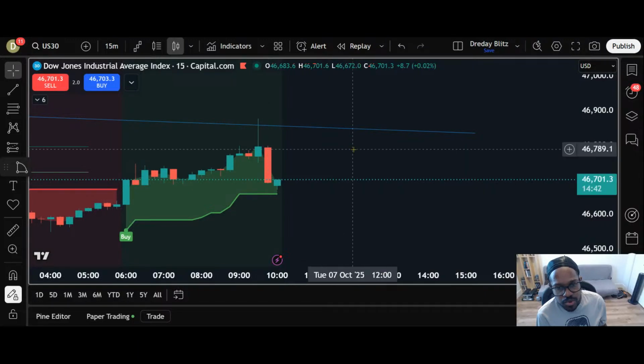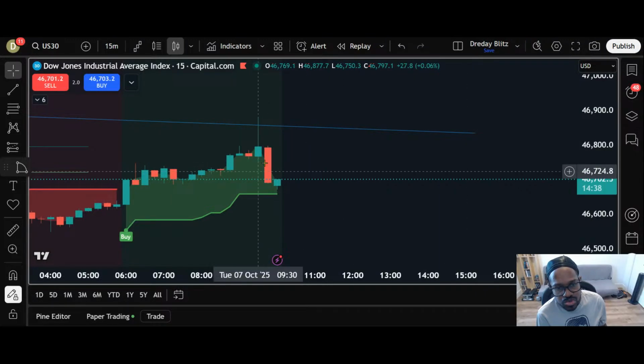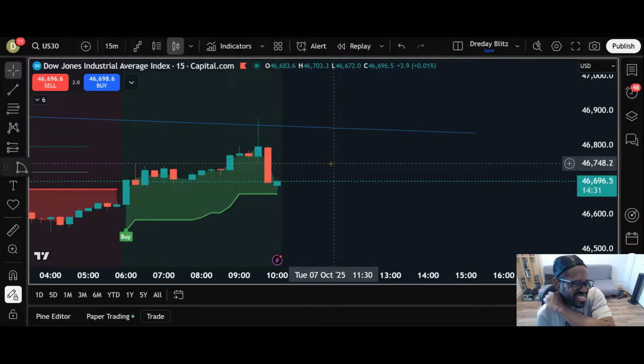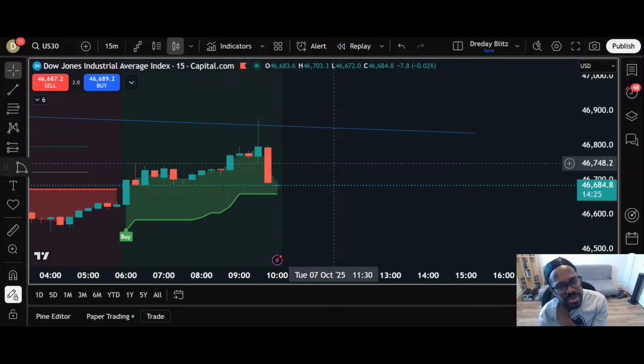For example, on the trade that I put here, it was five contracts. Each contract was maybe $2 or $3, or maybe less than $2. So the more contracts you put, the more money you're risking, right?